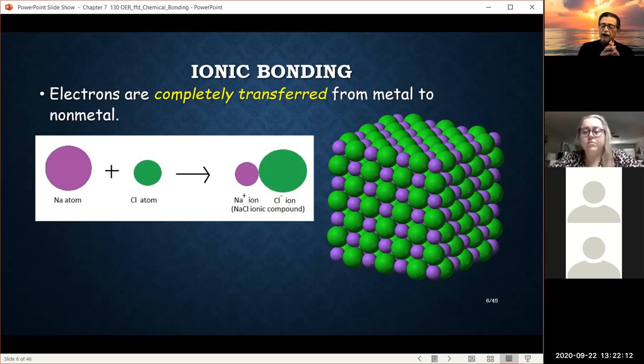Now note the size of the diameter of the sodium before and after. Sodium, if you look at the periodic table, is in the 3rd period. So that valence electron is in the 3rd energy level. Well, when it loses that valence electron of 1, guess what happens?